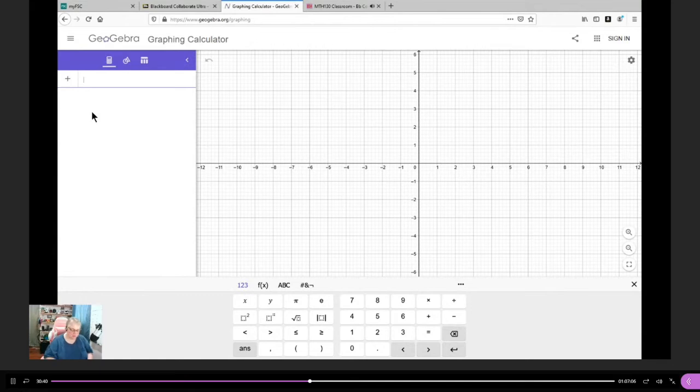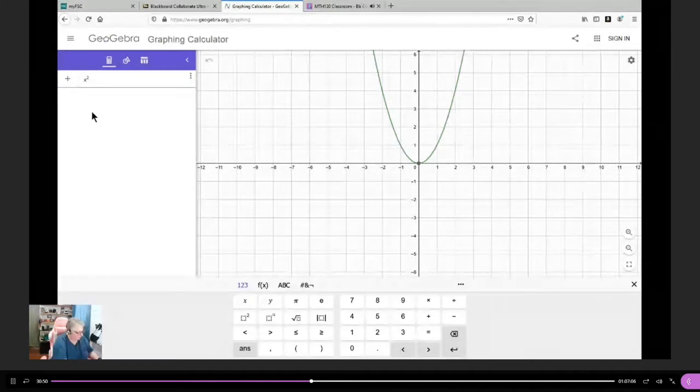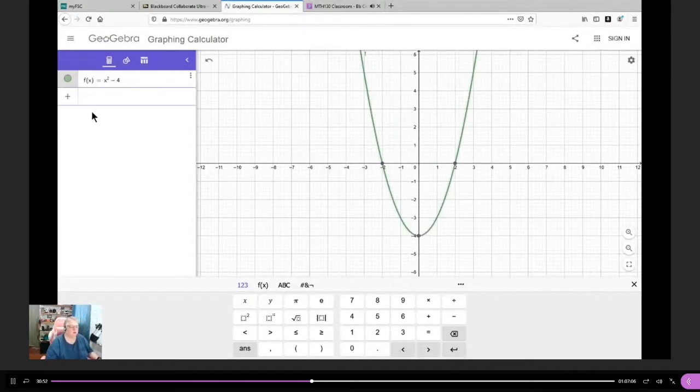So if I put the function in, the function is x squared minus 4. There's my function, and my line is 6x minus 13. And take a look.